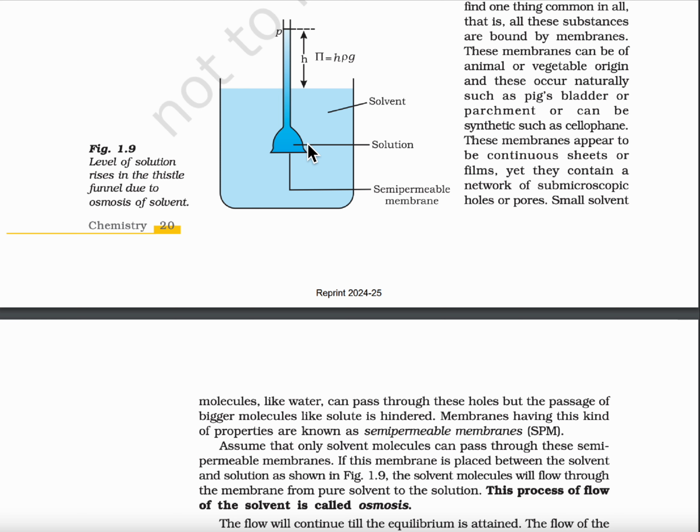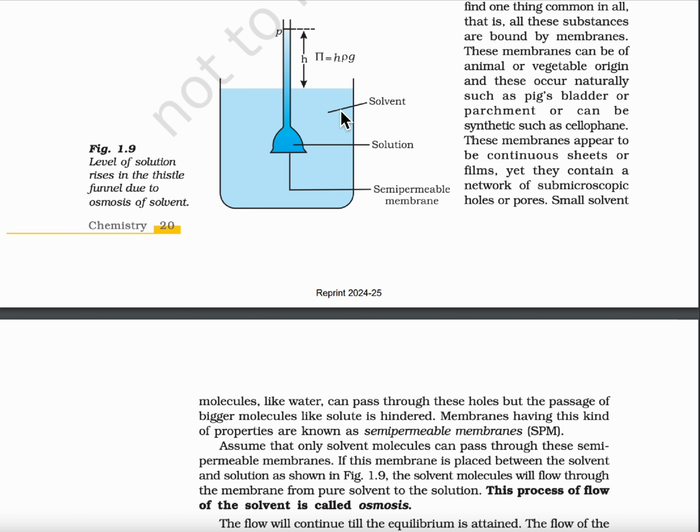Now when this membrane is placed between the solvent and solution, this membrane will allow only solvent molecules. Then the solvent molecules will flow through the membrane from pure solvent to the solution. This process of flow of solvent is called osmosis, because the concentration of solvent in the solvent space is higher than that of the solution, because the solution contains solute also. So the concentration of solvent will be lesser in the solution than in the solvent space.